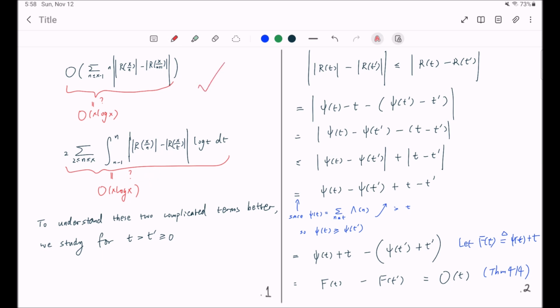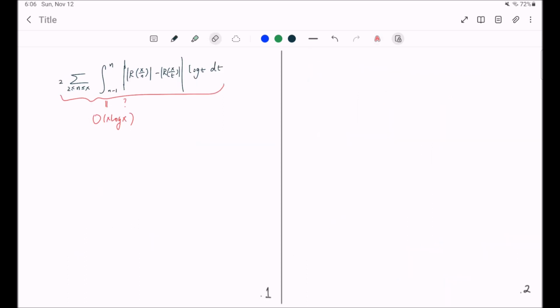Now what about this part? For the second part, we essentially do the same. First, we'll replace r by f. And then we look at the integrand.